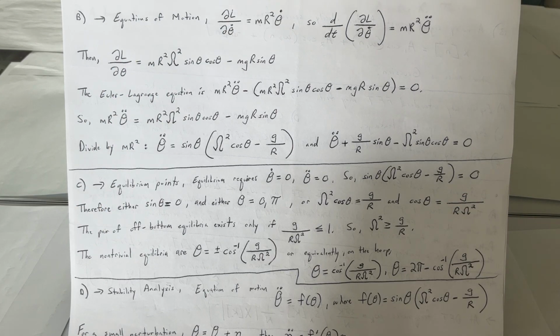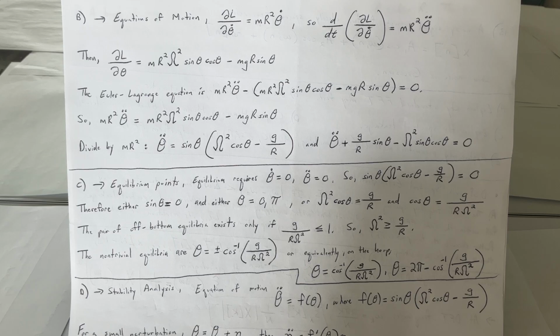So the non-trivial equilibria are theta equals plus or minus inverse cosine of g over r omega squared, or equivalently on the hoop, theta equals inverse cosine of g over r omega squared, and theta could also equal 2 pi minus inverse cosine of g over r omega squared.